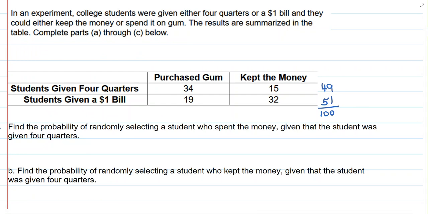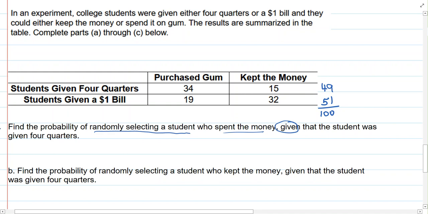And we're going to find the probability of randomly selecting a student who spent the money. All right. So this means conditional, given that the student was given 4 quarters. So we want to find the probability of randomly selecting a student who spent the money, so they purchased gum, given that they were given 4 quarters. All right.